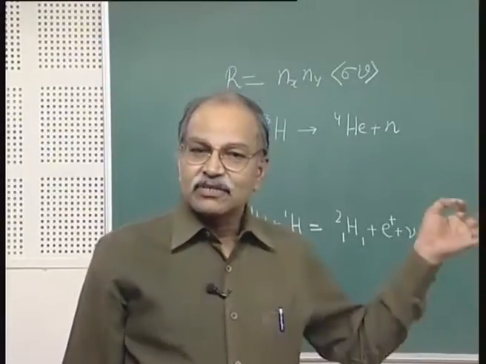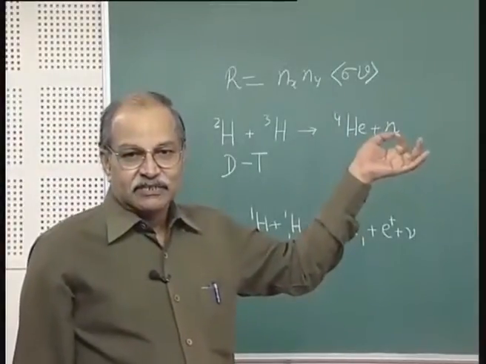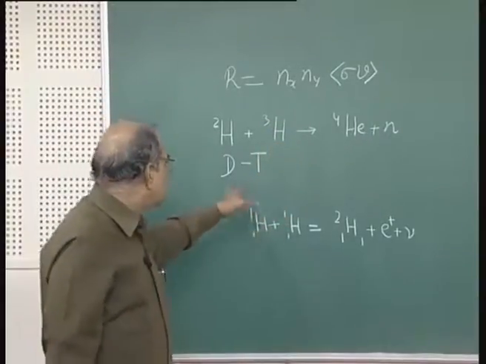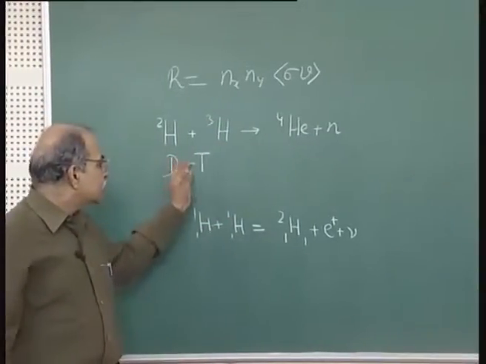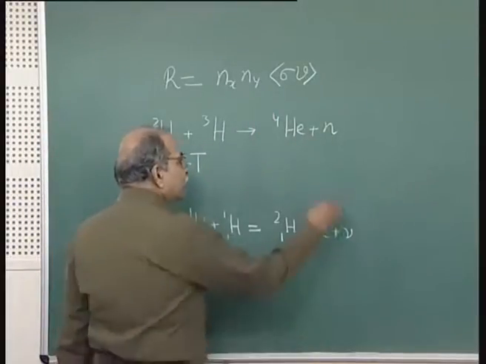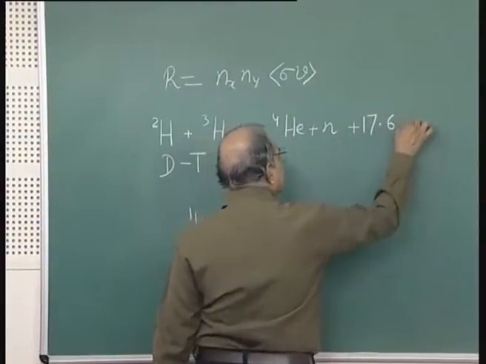So, this is not at all a good choice. Then DD is one possibility and DT is another possibility. On many different accounts, this DT seems to be much better, making helium and neutron, and it releases some 17.6 MeV of energy.